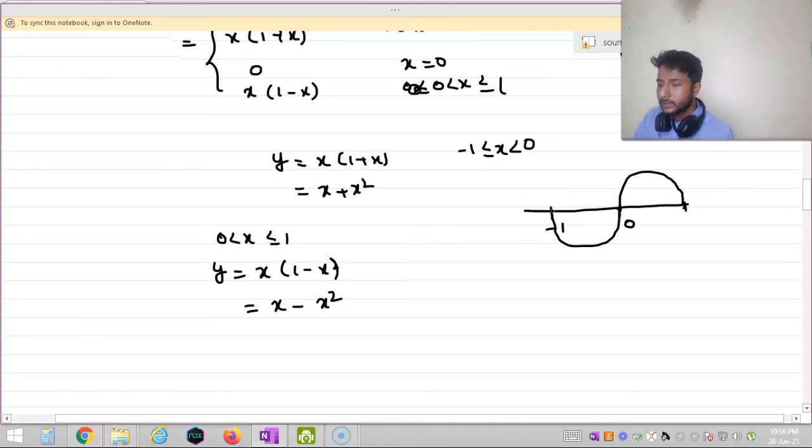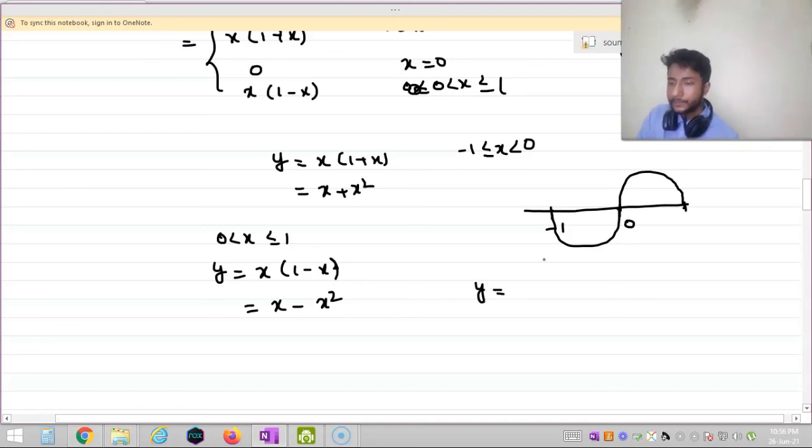It is very obvious, from minus 1 to 0 f(x) has minimum value, so we have to minimize f(x) in minus 1 to 0. So I am writing y equal to, the value of f(x) in minus 1 to 0 is x plus x square, when minus 1 is less or equals to x less than 0. So I am going to minimize y in this range. To minimize y, first we have to differentiate y with respect to x.